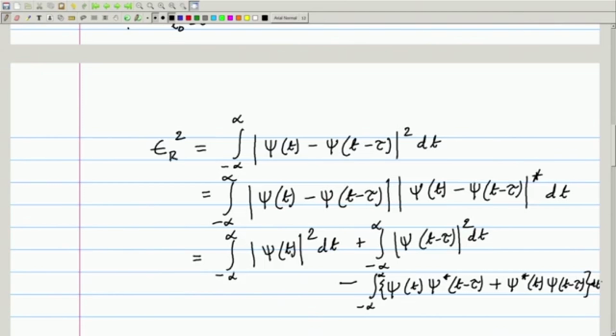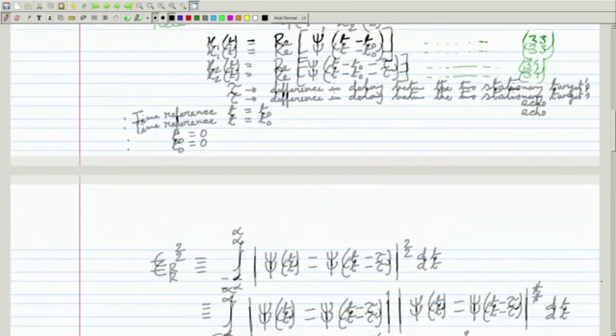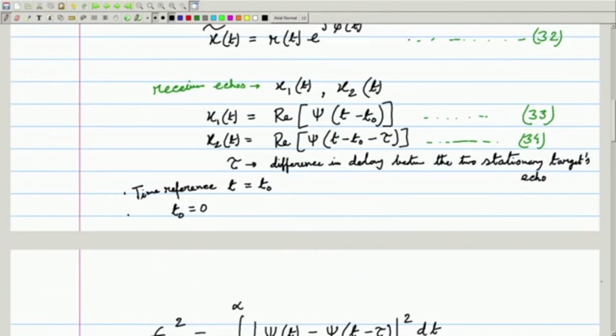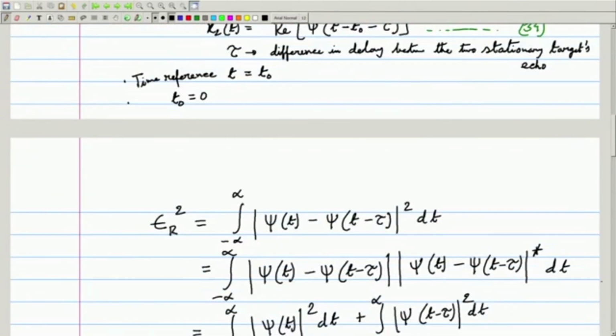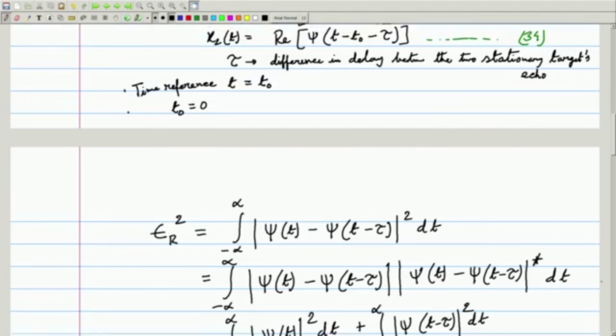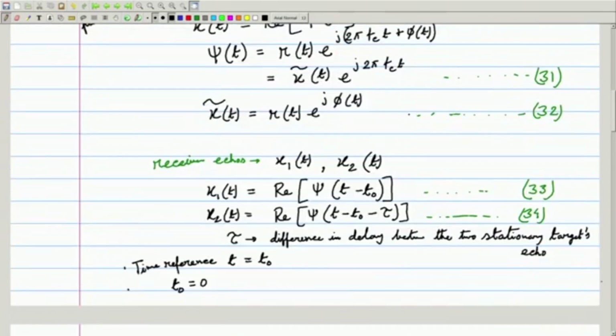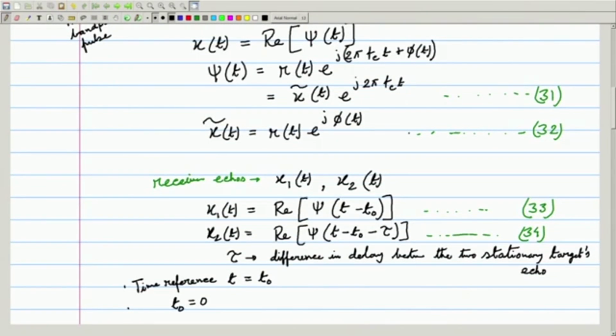okay. And if I look again at these psi t terms, I think you will agree that the magnitude square can be related to x t. Psi t is equal to x t times e to the power j 2 pi f c t.